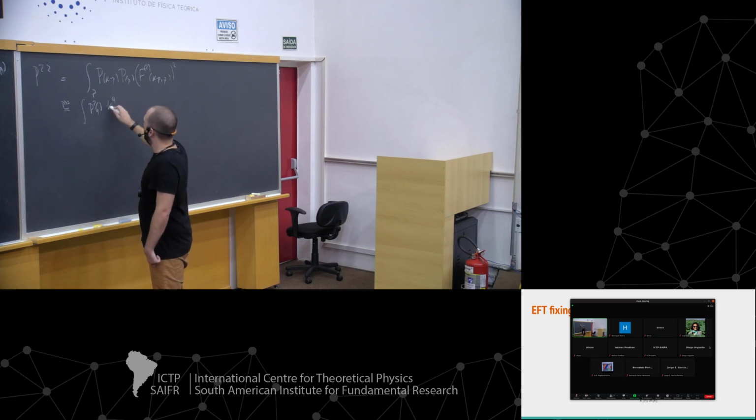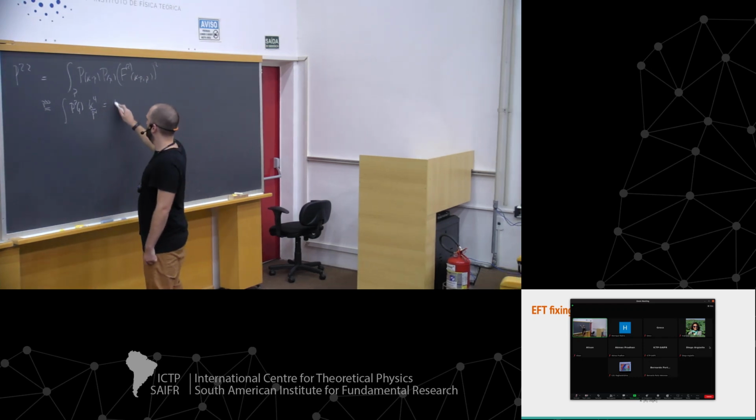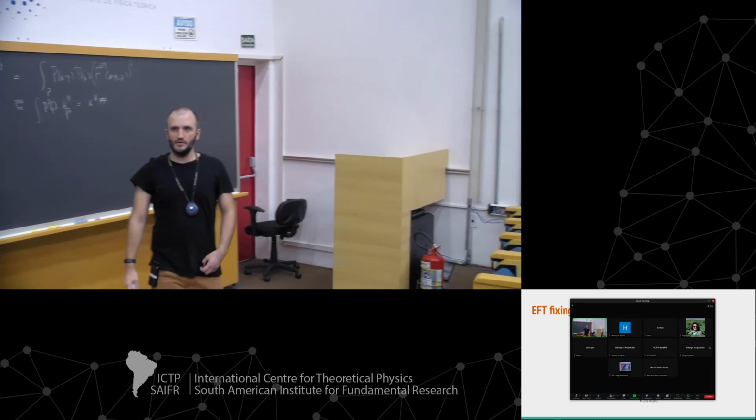So I have K to the 4th over P to the 4th. So this is just K to the 4th times a number.